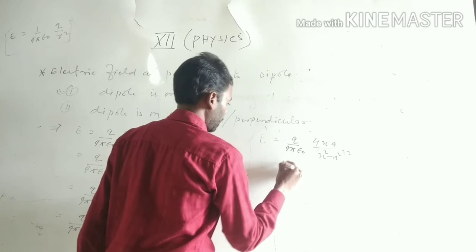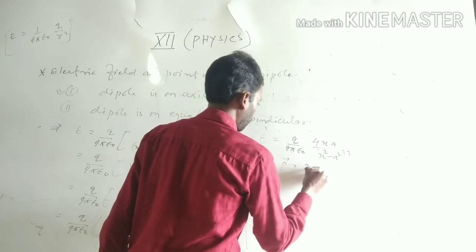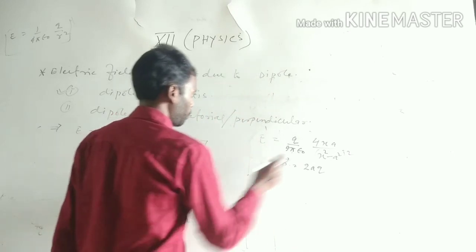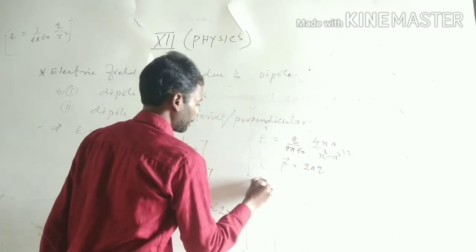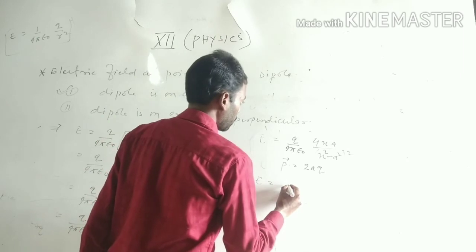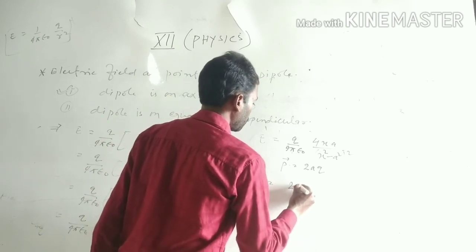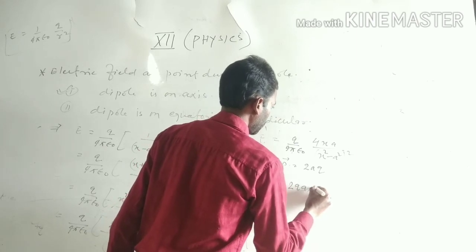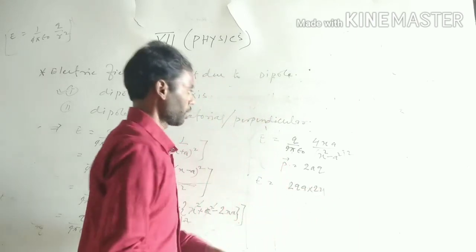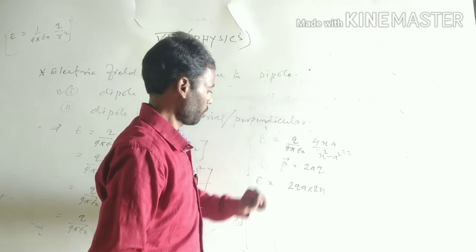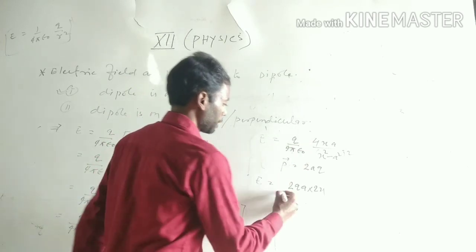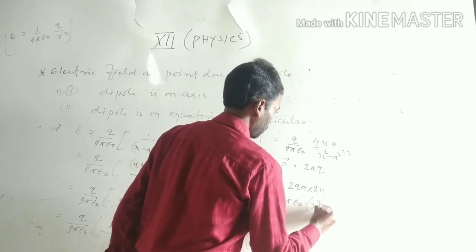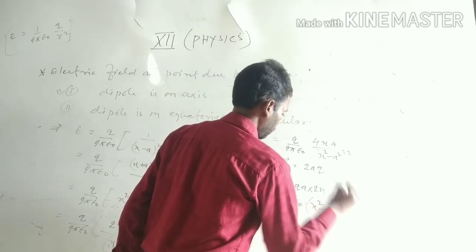Since our electric dipole moment P is equal to 2aQ, we use it here: E is equal to 2Qa into 2x, breaking the 4 into 2 and 2, divided by 4 pi epsilon naught x square minus a square whole square.